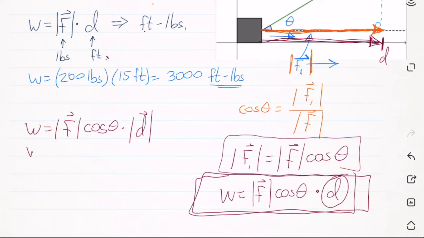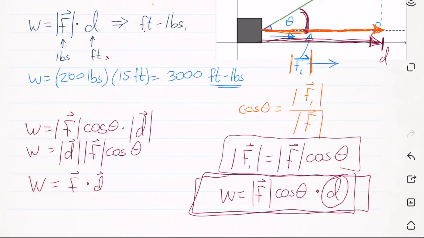And if I rewrite this, this becomes the magnitude of the distance vector times the magnitude of the force vector times cosine of the angle between these two vectors, because theta is literally the angle between the two vectors. And this is identical to the dot product definition between vectors. So we can say finally that work is equal to the force vector dotted with the distance vector.